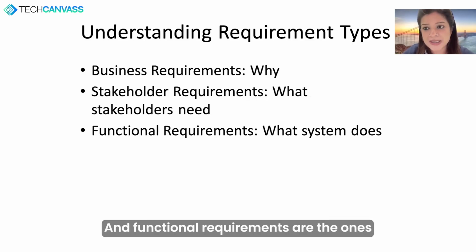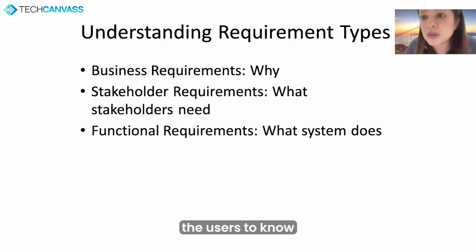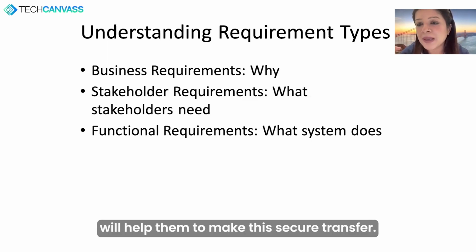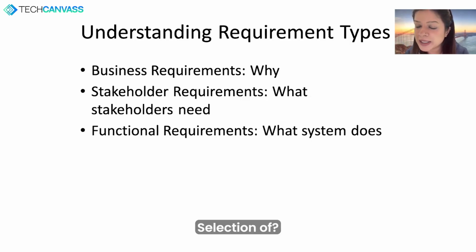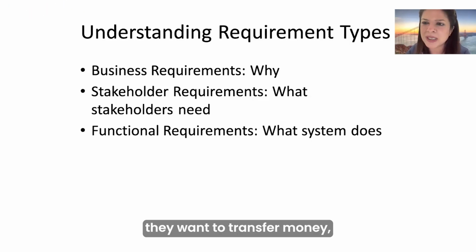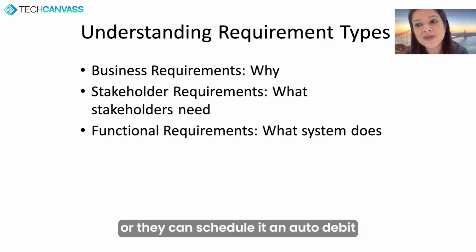And functional requirements are the ones that help the users know what functionality in their application will help them make this secure transfer, and how that will happen, where those buttons, triggers, selection of account numbers, selection of whether it is IMPS, meaning they want to transfer money immediately, or they can schedule it for some time, or they can schedule an auto debit for every month.